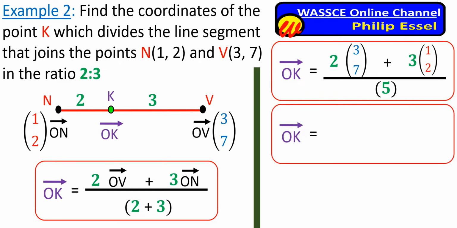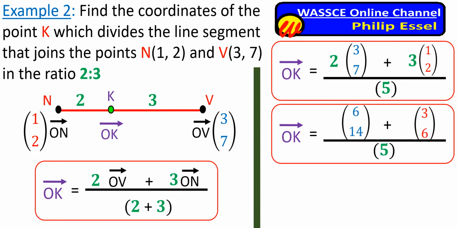This would give us the vector (6, 14), plus the vector (3, 6), all divided by 5.